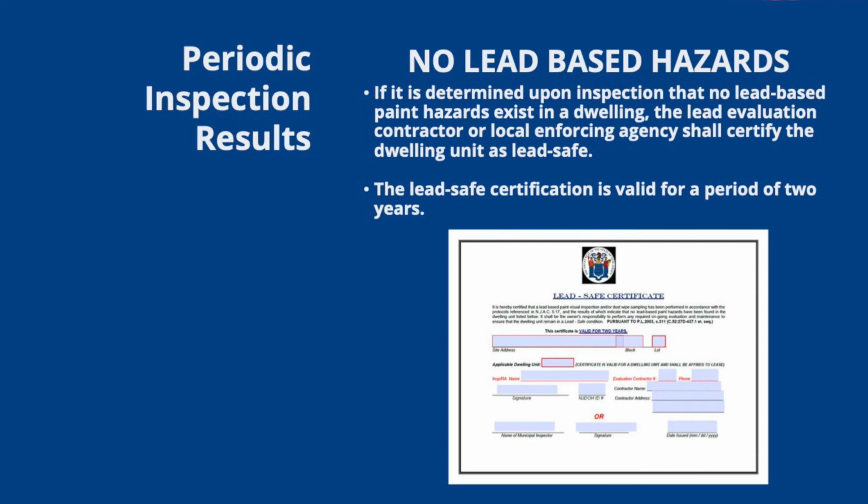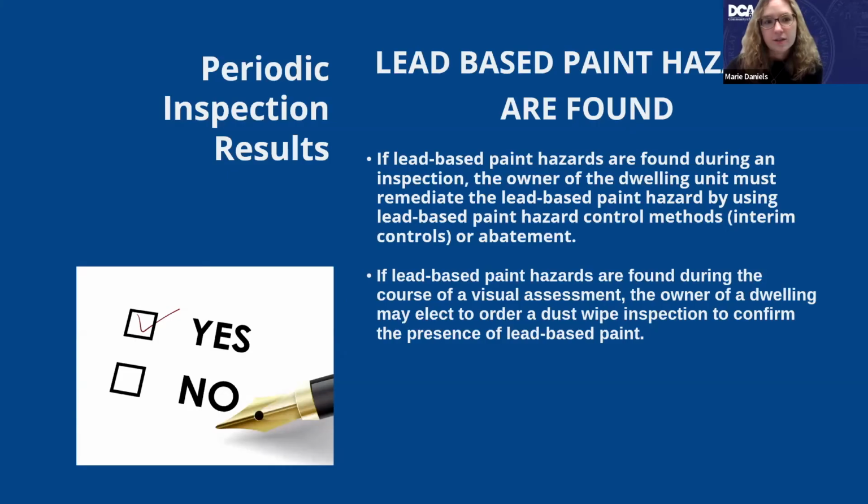This form is available on the department's website, again at the link I shared in the beginning, and it's a fillable form. Now, on the other hand, of course, you may find lead-based paint hazards in the dwelling. So if lead-based paint hazards are found during an inspection, the owner of the dwelling unit must remediate the lead-based paint hazards.